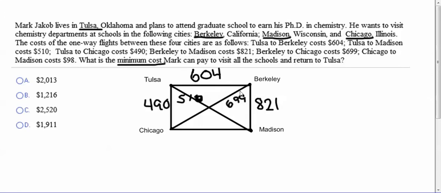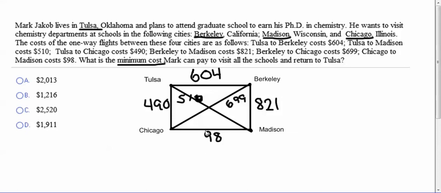That's not important, and it's not important that the actual length of the edge determines the weight of the edge either. So Chicago to Madison, that's from Illinois to Wisconsin, that's pretty close. Chicago to Madison is 98. And we're assuming it doesn't matter which way they travel between Chicago and Madison, it still costs $98.